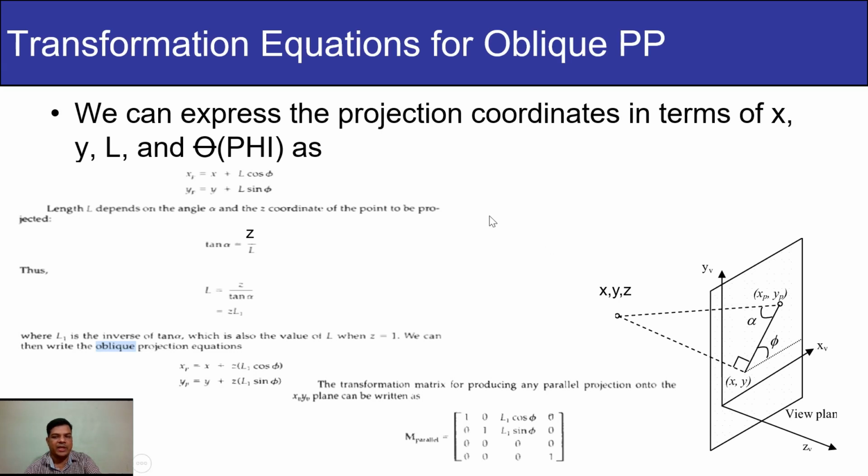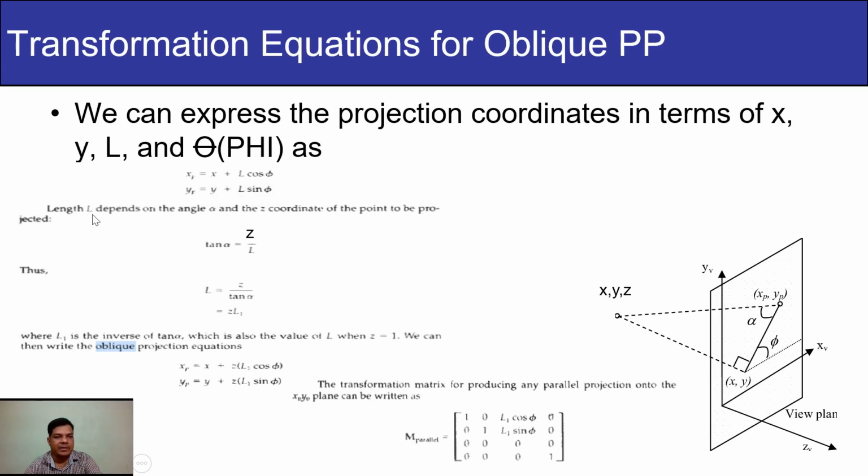So we can express the projection coordinates in terms of x, y, L and phi as xp equals x plus L cos phi and yp equals y plus L sin phi. From the concept of mathematics, we can easily conclude that xp equals x plus L cos phi and yp equals y plus L sin phi.